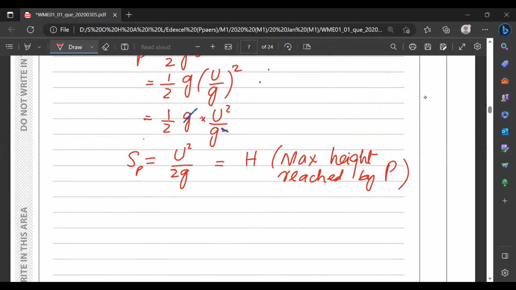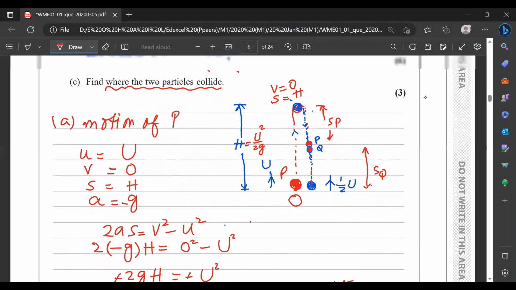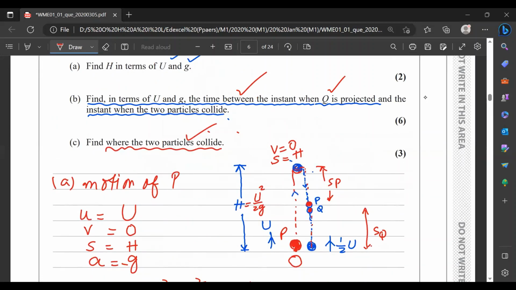So from here you can conclude, the question was to find where the two particles collide.